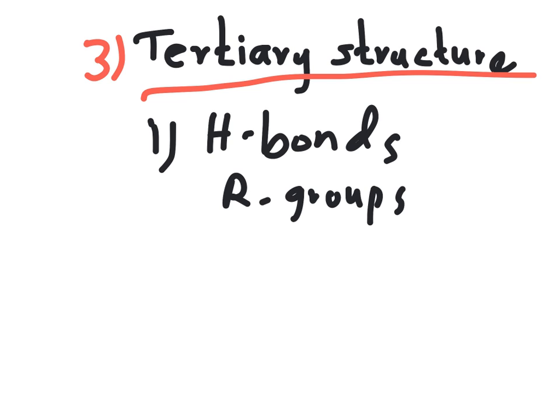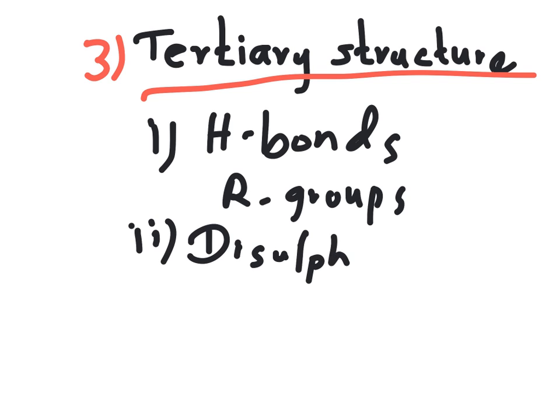Second is the disulfide bond. This is also called a sulfur bridge.